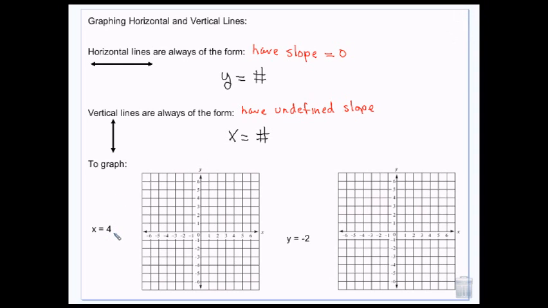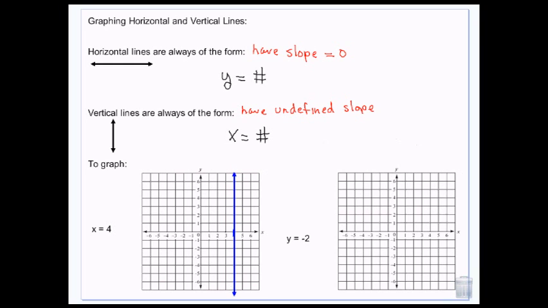If you get x equals a number, so x equals 4, what we're going to do is go over to 4. That's right here, right? I should make that blue so it stands out. Here's 4. And I'm going to draw the line on 4. The graph line follows the line that cuts through 4.